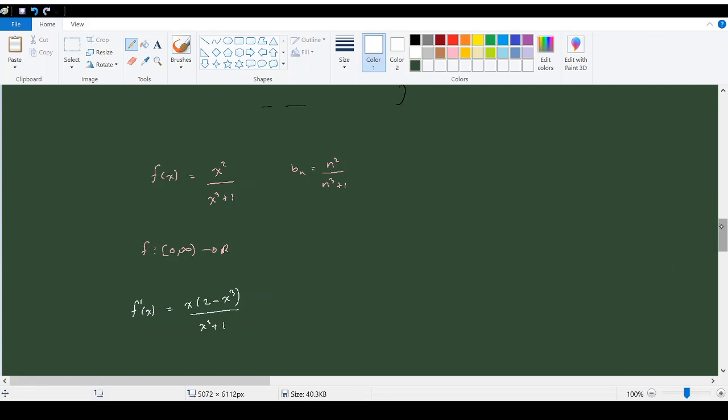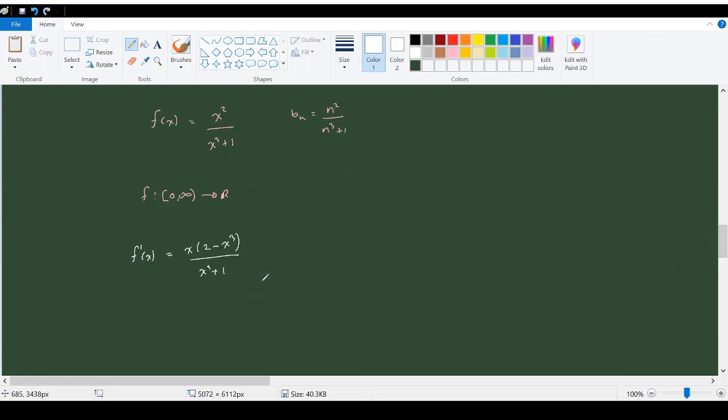Then you can see that the derivative less than 0 means this less than 0, right? 2 minus x cube over x cube plus 1 less than 0, right? Here it is x cube plus 1, and that means not 0, right? f prime is equal to this one, so f prime less than 0 means this thing less than 0.